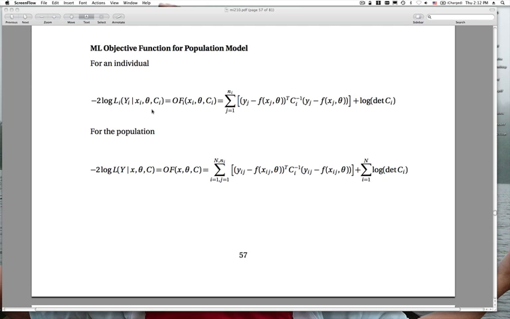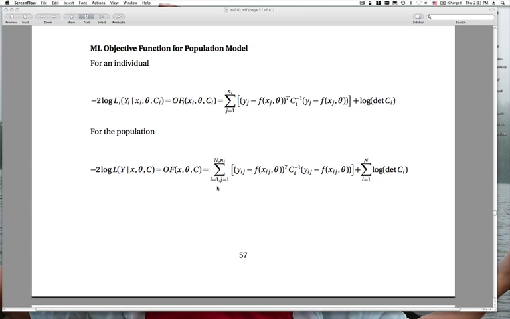So then if we take this individual and we want to obtain the overall objective function for the population, how do we get from one to the other? In the log domain, we then add up each of the individual contributions to the objective function to sum for the total population objective function. So now it's the log of the likelihood of all the data, not just y sub i, across all of the independent variables, population mean parameters, and covariance matrices.